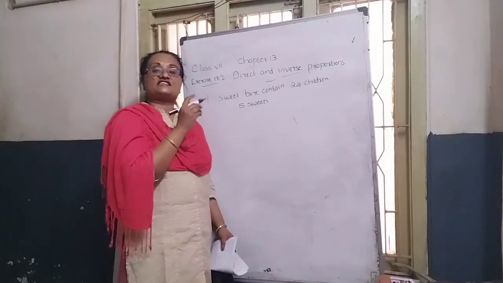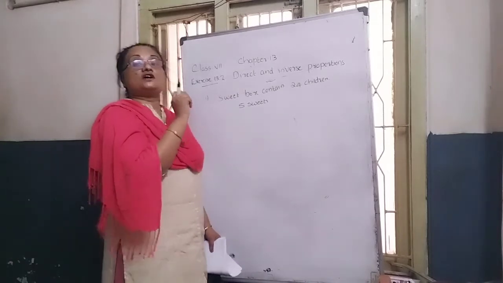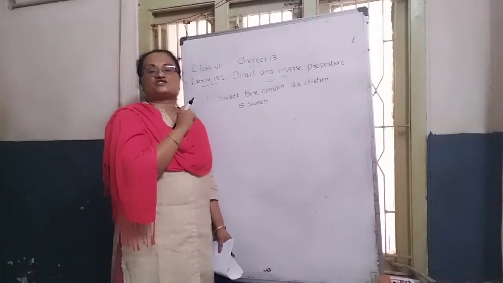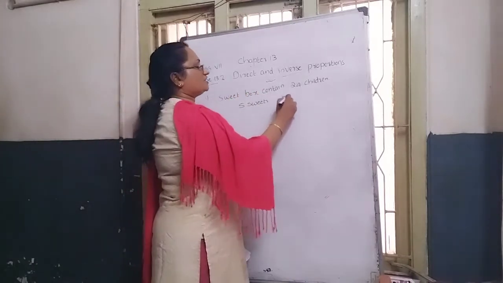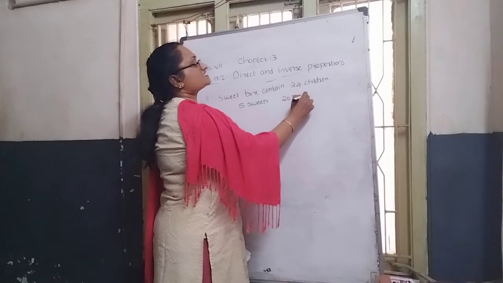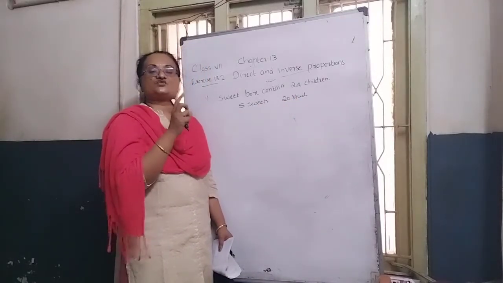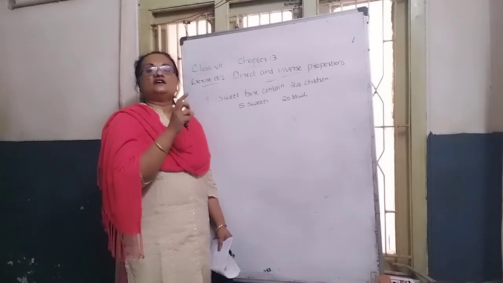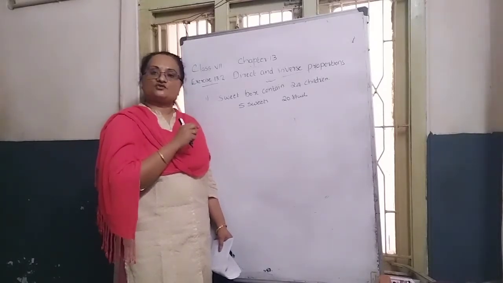In the second case they say, suppose in that class 4 students are reduced. That means how many students only? 20 students only. For 20 students, how many sweets can be distributed from the one sweet box? That is the meaning of the question.